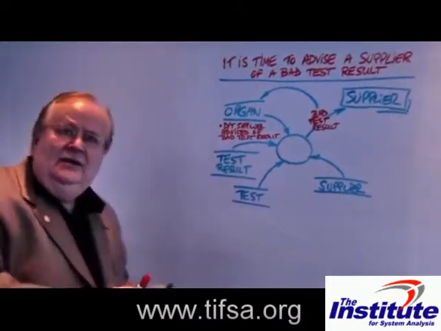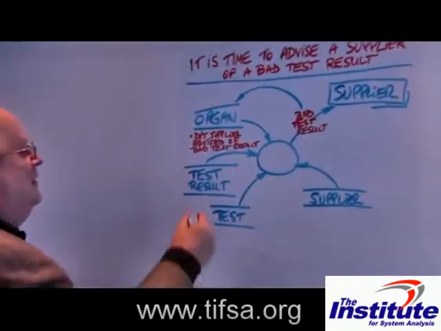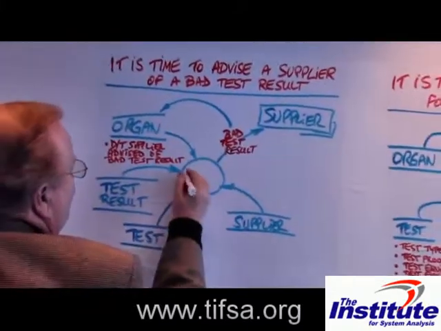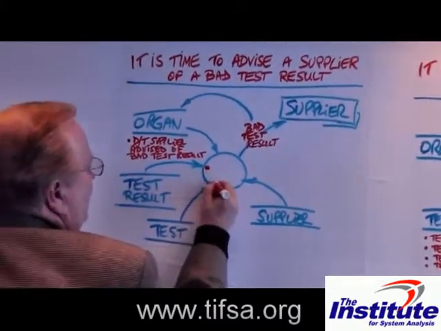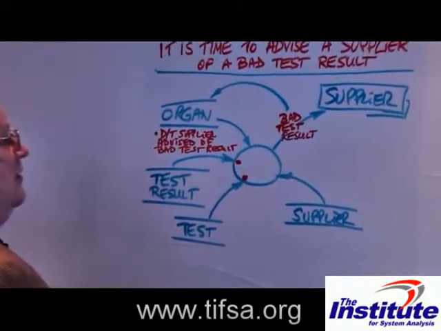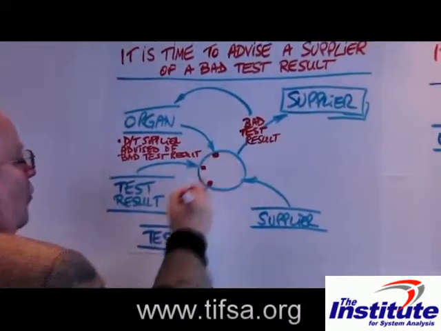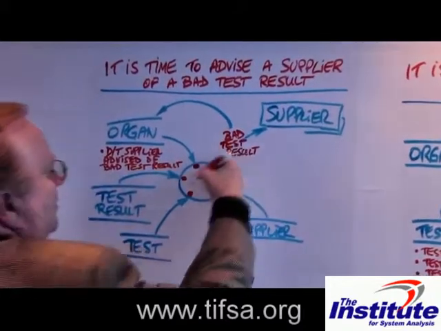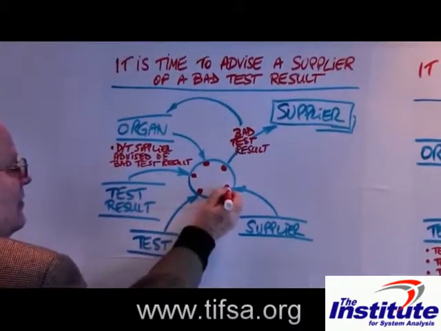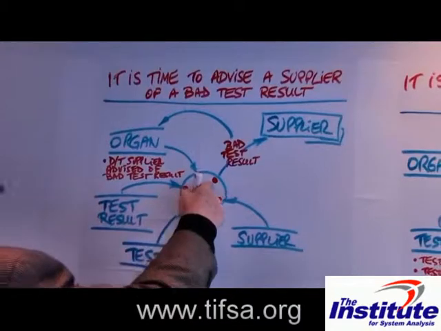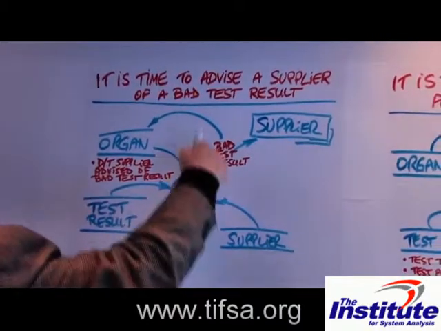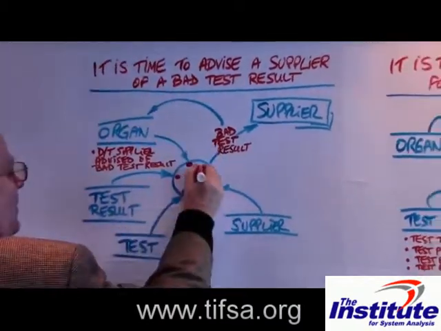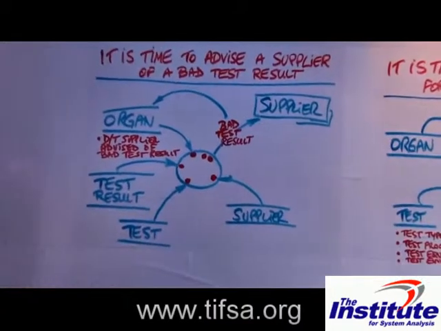So now I have everything I need, and I can write the narrative. Find the test results for the tests that were conducted for a specific organ and get the supplier information here, tell the supplier of that bad test result and keep track of the fact that we told the supplier.